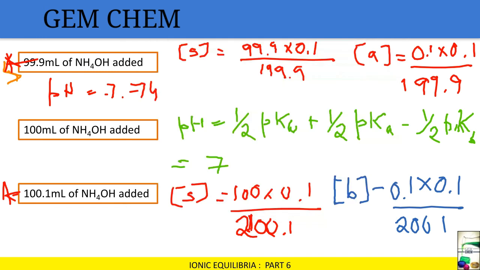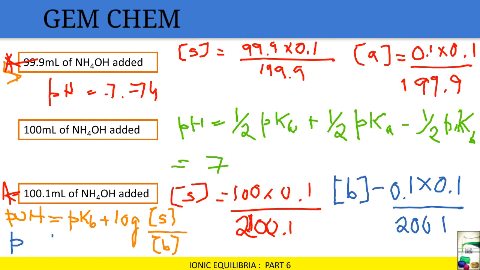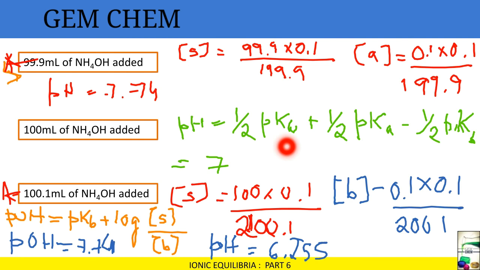This formula will be used: pOH equals pKb plus log of salt by base. Here pOH comes to be 7.74 and pH comes to be near about 6.255. Now if you observe, we see an abrupt rise and an abrupt fall of pH in this case, that is 100.1 ml of solution.